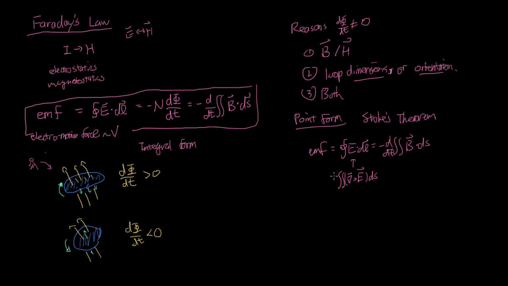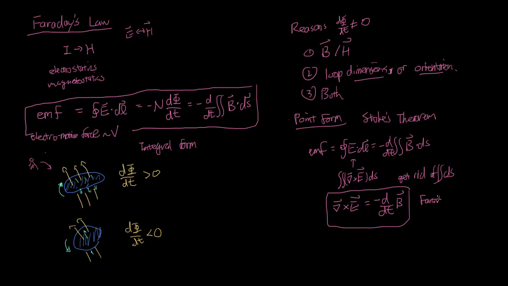So substituting that back in, we now have two surface integrals on either side. So if we shrink it down to a point, so we get rid of the surface integral, then you are now left with the curl of E equal to minus d by dt of the B field. So this is Faraday's law in differential form.